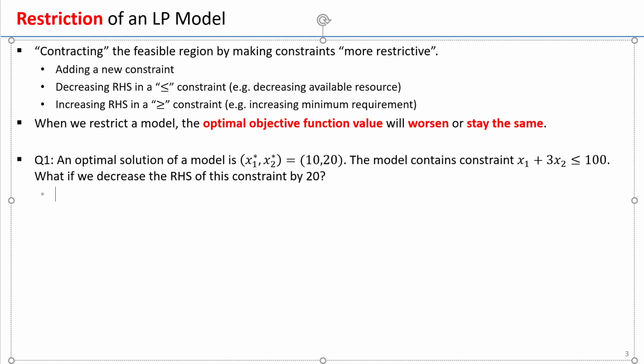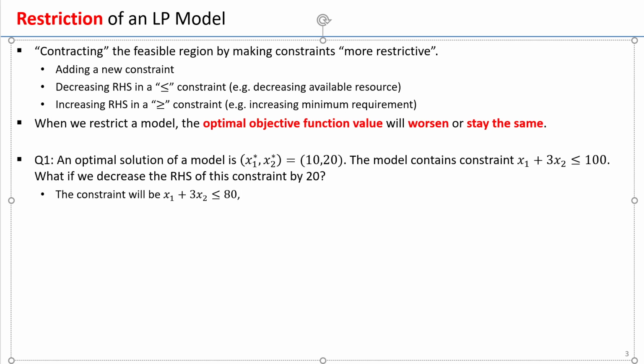This means the constraint will be x1 plus 3 x2 less than or equal to 80, right? So this constraint is going to be tighter. It is a restriction, the case where we decreased the right-hand side.